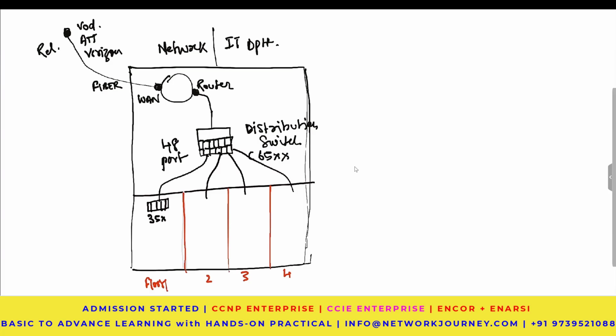But ultimately, the access point is also connected to that access layer. And same goes for all the different floors. You will have IP phone, you will have the system connected.